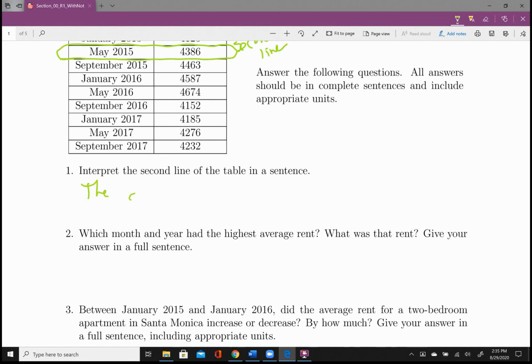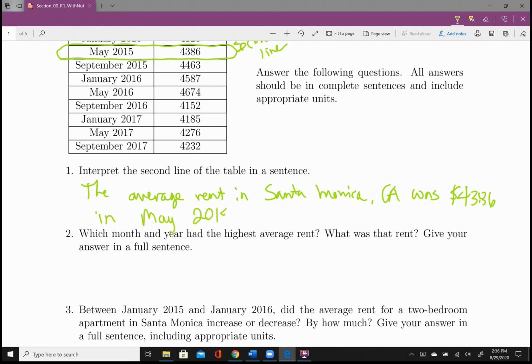The average rent in Santa Monica, California was $4,386 in May 2015.